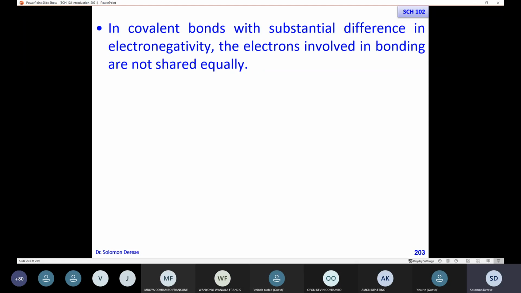But if the difference in electronegativity between them is not significant, even though one is more electronegative than the other, that chemical bond is not going to be polar.